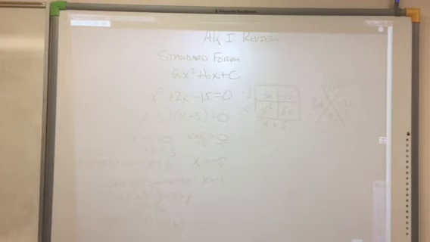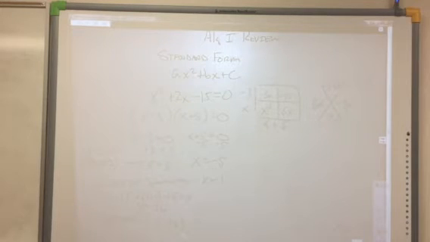Okay, so that's an example of standard form. Now, if we take a look at another one here that they call graphing form. Graphing form is kind of a weird little form that they talk about in the chapter.